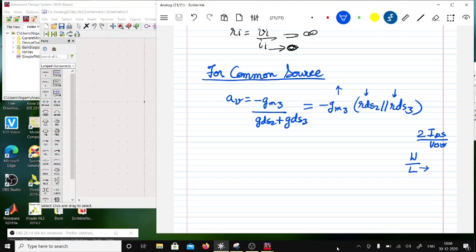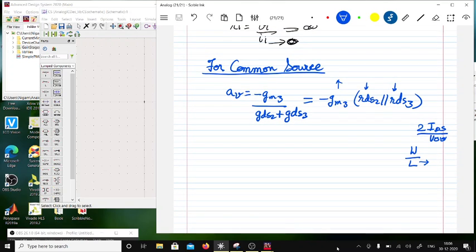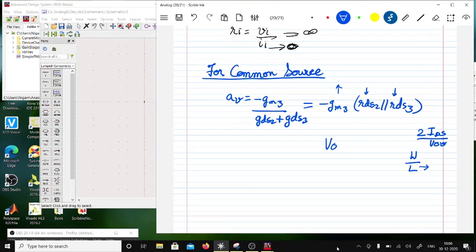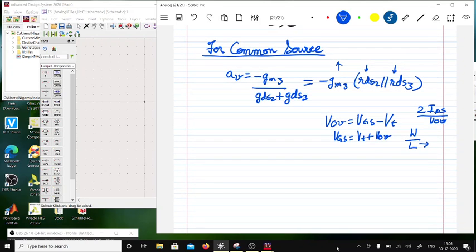VGS minus VT is equal to V overdrive, so the bias point VGS would be equal to VT plus V overdrive. So we take the input bias up, and with a larger transistor you'll have a higher GM.